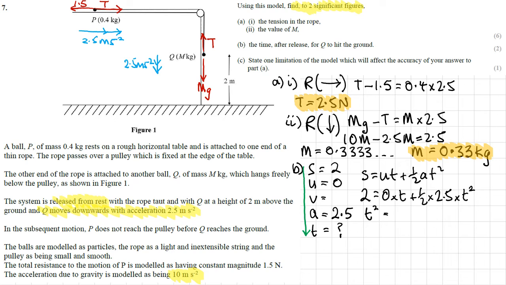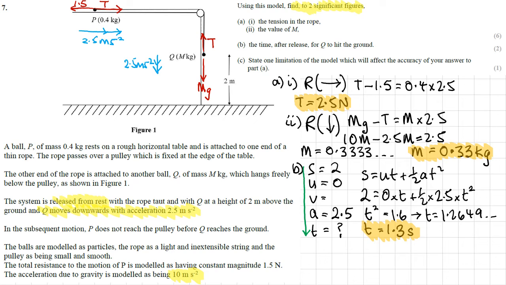That's 8 over 5, so that's basically 1.6. So T is going to equal the square root of that. I don't want the exact answer. Remember, it says that I need to give answers to two significant figures. So 1.2649 and so on. Two significant figures, that will be T is equal to 1.3 seconds.